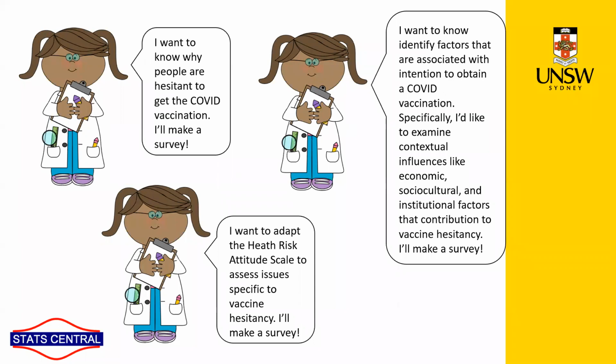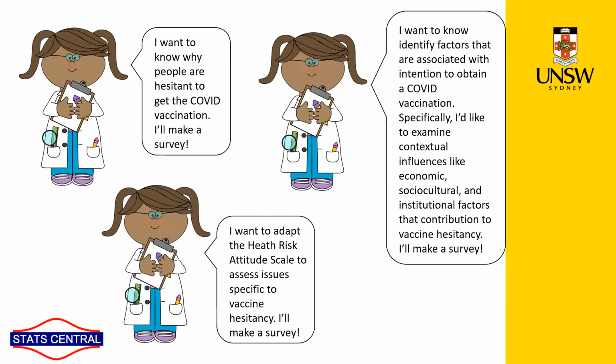So our first person says she wants to know why people are hesitant to get the COVID vaccination. She's going to make a survey. Our second person wants to identify factors that are associated with intention to obtain a COVID vaccination, particularly sociocultural or religious influences that contribute to vaccine hesitancy. And she's going to do this by making a survey.